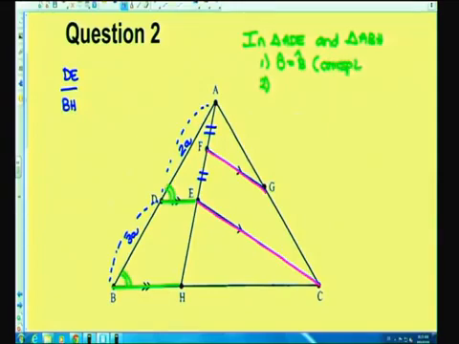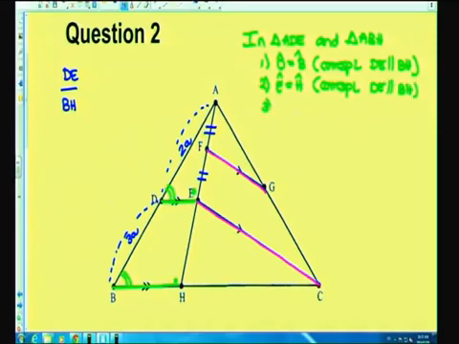Now just remember, you must say which lines are parallel, because corresponding angles are not equal unless the lines are parallel. And then we could say this angle and this angle, so we can say E is equal to H, also corresponding angles, same parallel lines.